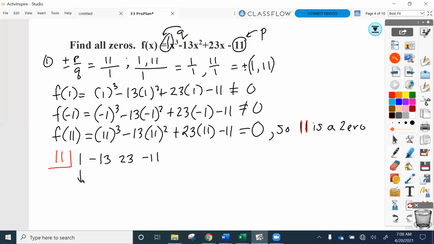I'm going to do synthetic division, bring the 1 down, multiply it by the red 11, put your result there.